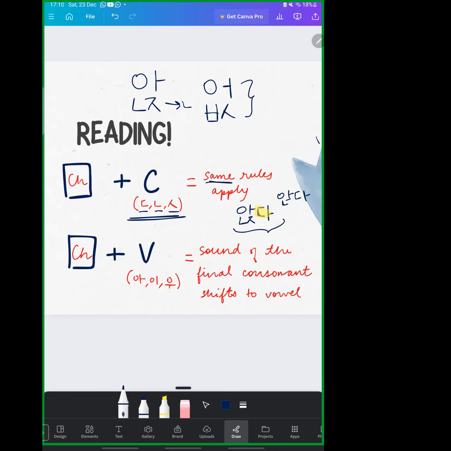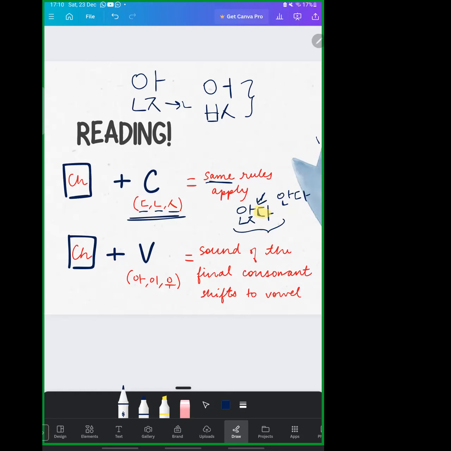The spelling will have this here, but the pronunciation will be antha. And antha means to sit down, the verb for to sit. Even though this is being followed by a consonant here, the pronunciation is the same, which is the actual rule for that double consonant.